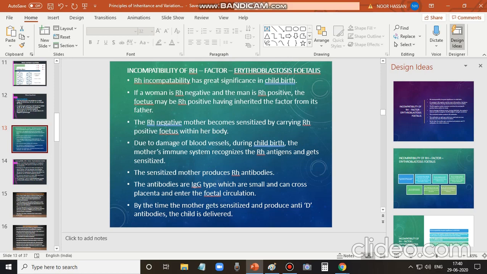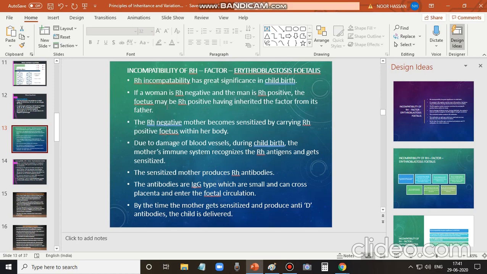So if a pregnant woman is RH negative, and the man is RH positive, husband is RH positive, wife is RH negative, in that case the fetus may be RH positive, because the fetus or the developing embryo may have inherited this RH positive from the RH positive father.